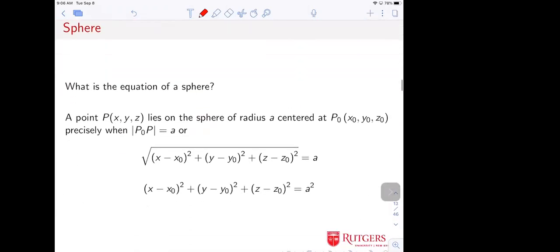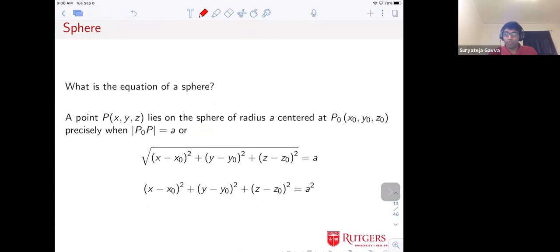So now how do I write the equation of that ball or sphere of some fixed radius? Say I want you to draw a sphere of radius A with the center x0, y0, z0. How do you write the equation? The equation is quite simple.